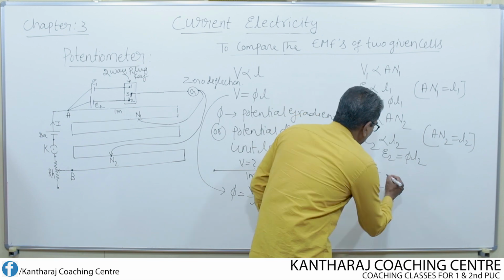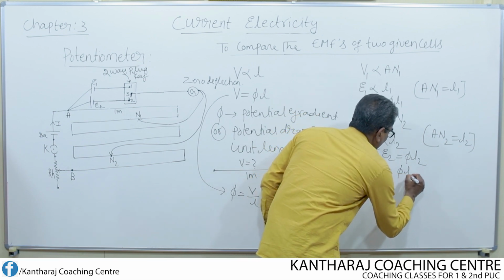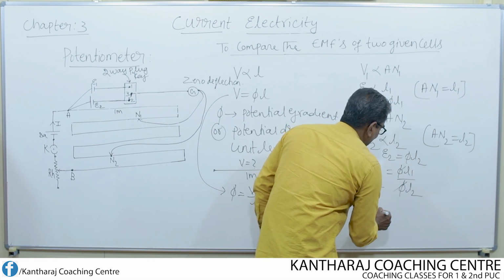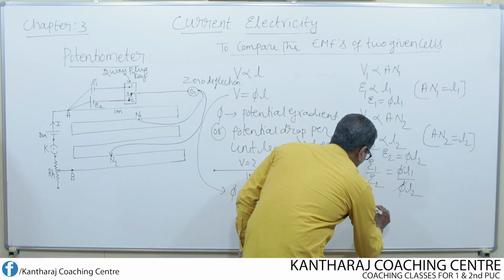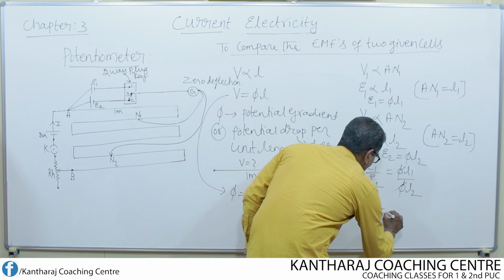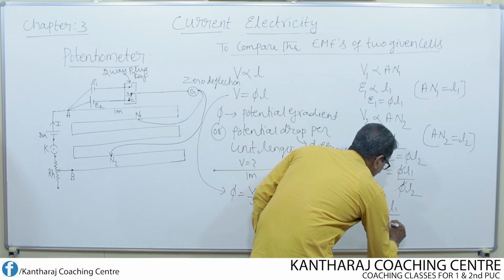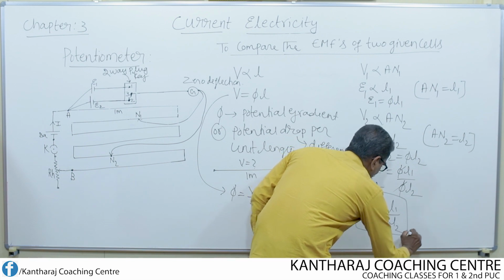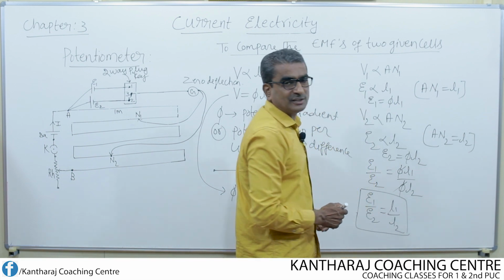So E1 by E2 means phi into L1 divided by phi into L2. Phi and phi get cancelled. Now what is left? E1 by E2 is equal to L1 by L2. So this is how we can compare the EMF of the two given cells.